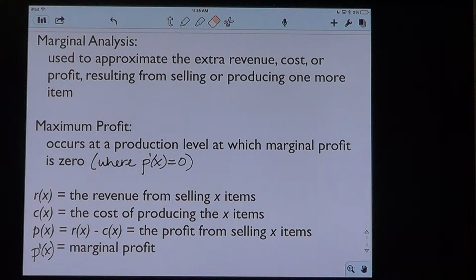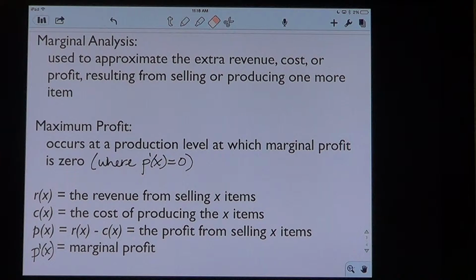the reason why the derivative works here, the marginal analysis, is that we're not just finding the profit, we're finding how much the profit changes, right? That's the change of the function, so that's the slope of the profit function. Marginal profit is important because they're trying to figure out how much more money they can make if they sell one more item.